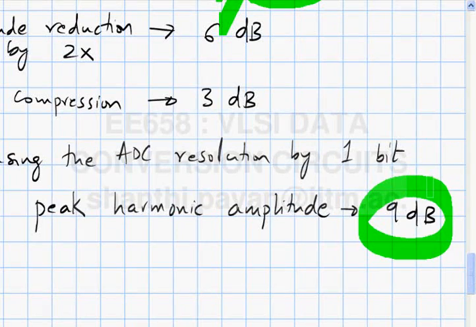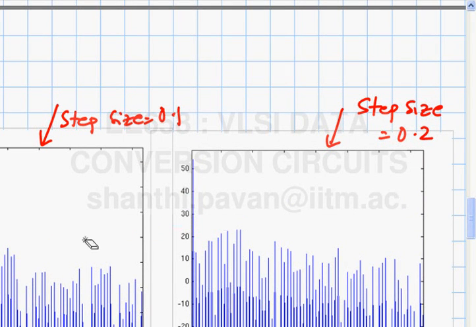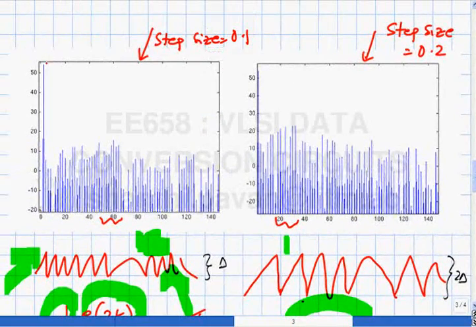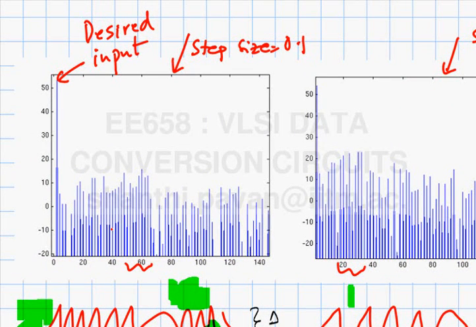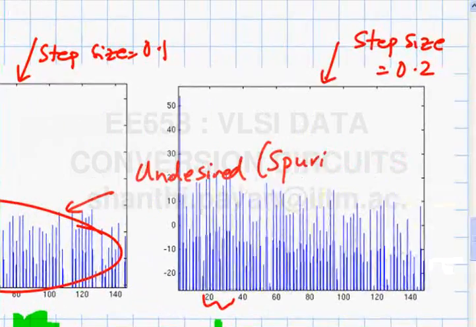This is an important thing to know, because when you build an A to D converter, this is your desired tone, the input. All these others are undesired and are often called spurious tones.